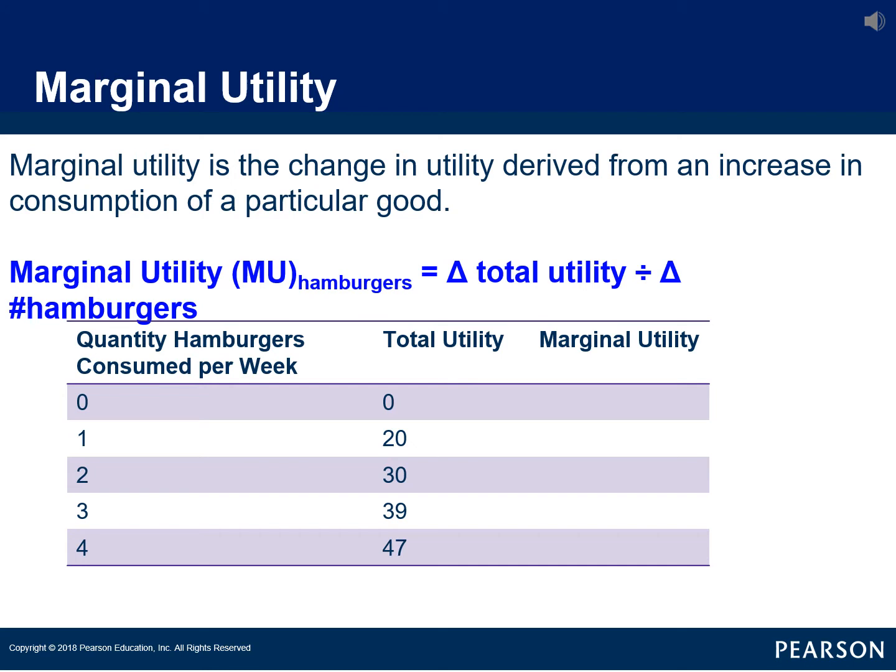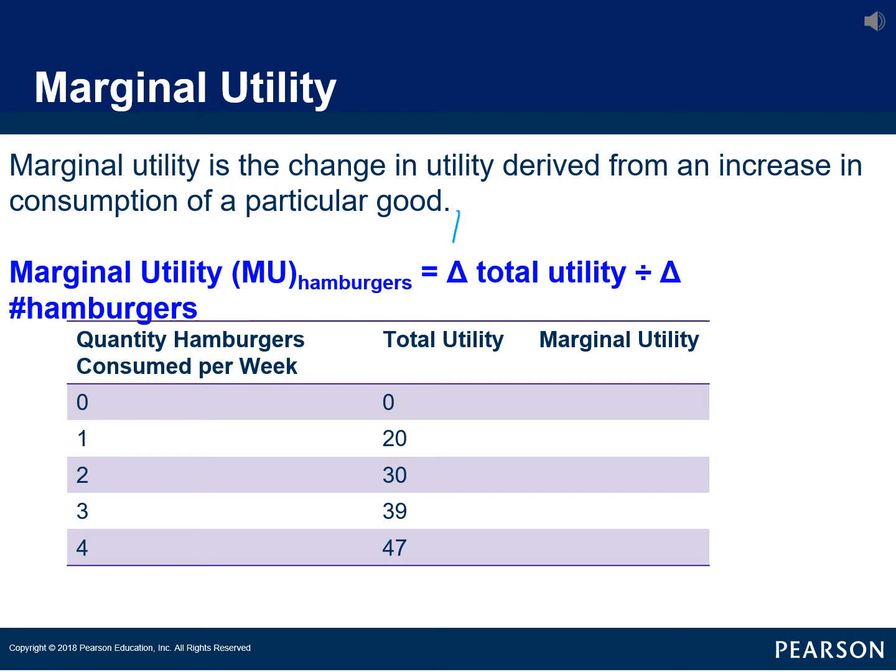Okay, so you are probably going to be given some problems on the homework and on the quiz that deal with marginal utility. They're going to ask you to be able to calculate it. So here we have the equation to calculate marginal utility. If you have the total utility and you have the quantity of hamburgers consumed, then you can figure it out.